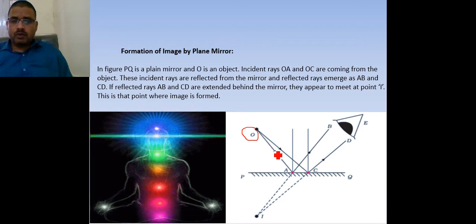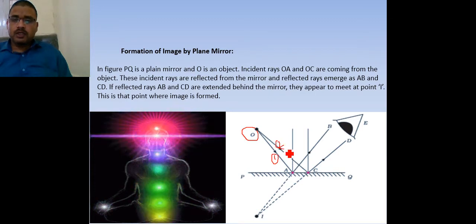There is a plane mirror kept, and when these incident rays strike the plane mirror surface, the reflected rays bounce back in the same medium. Since there are a number of rays, here we just consider two rays, this one is the first ray, and this one is the second ray.